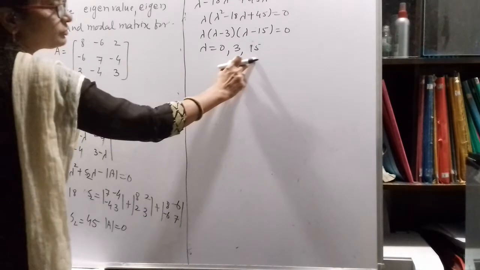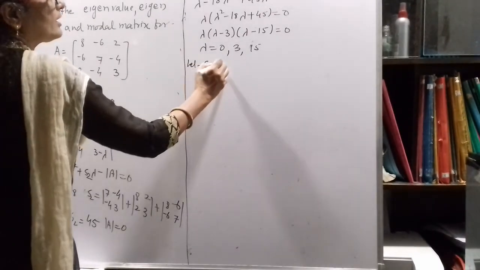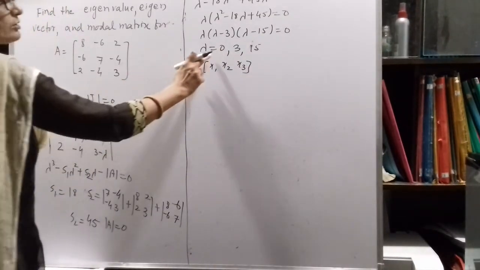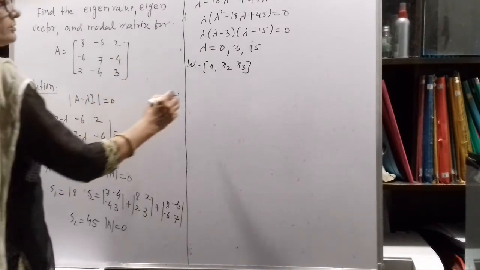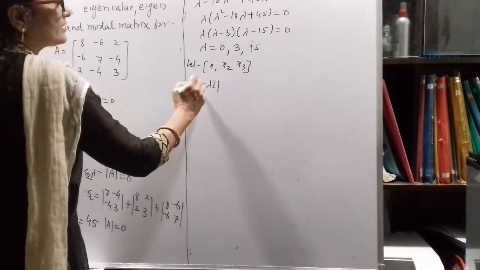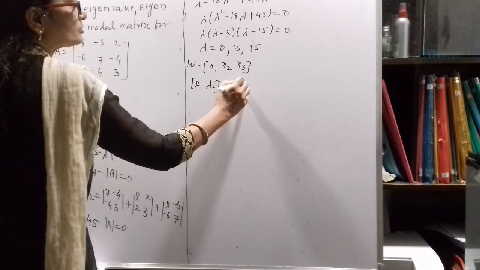Since we are getting 3 eigenvalues, let x1, x2, x3 be the eigenvectors for the eigenvalues 0, 3 and 15, such that A minus lambda I into x is equal to 0.